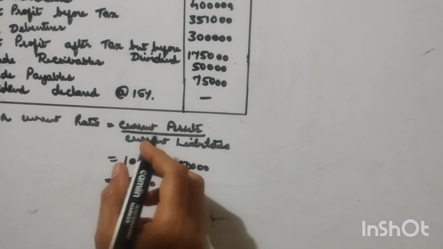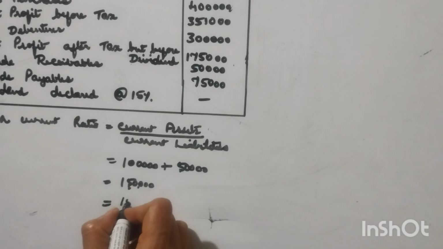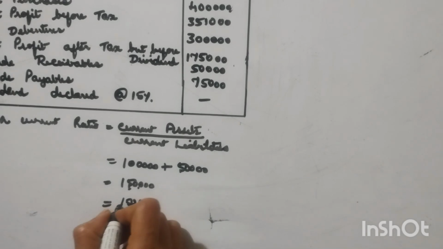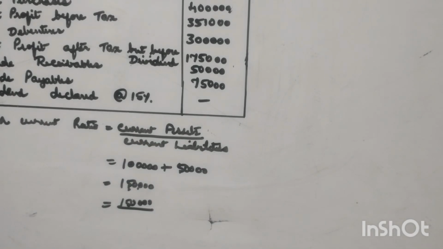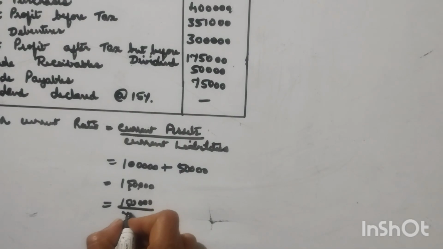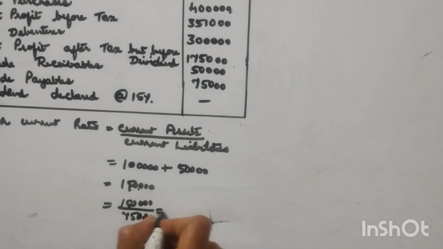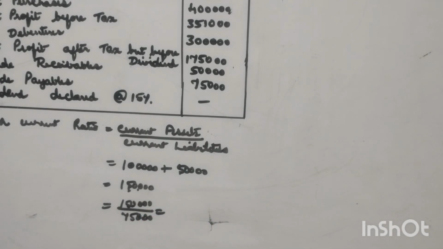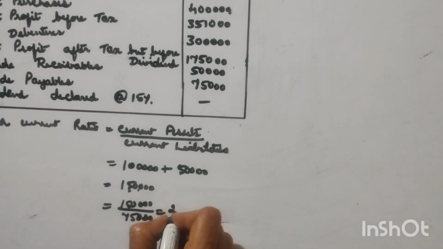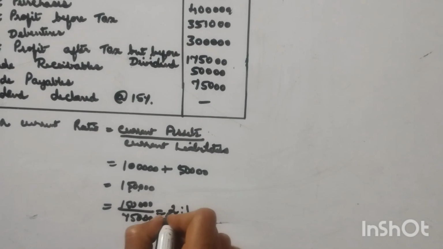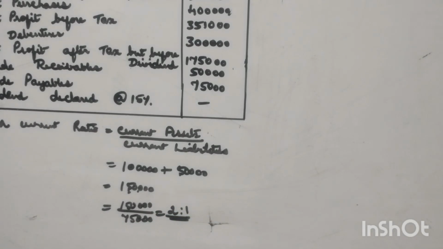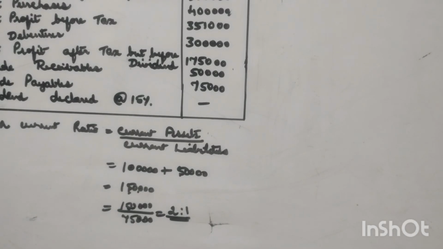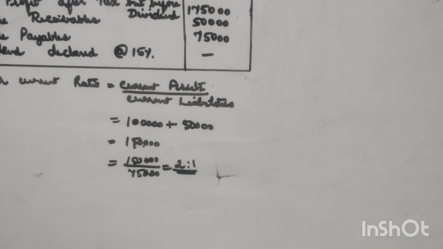Applying the formula, current assets 1,50,000 divided by current liabilities, that is trade payables 75,000. So the value will be 2. It has to be expressed in terms of 2:1. So that is the first kind of ratio called current ratio.